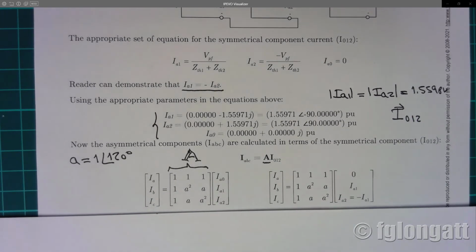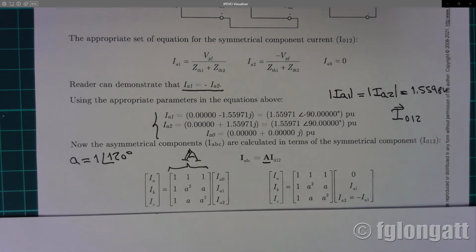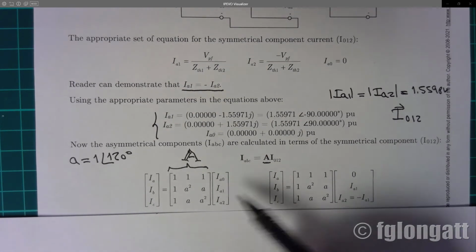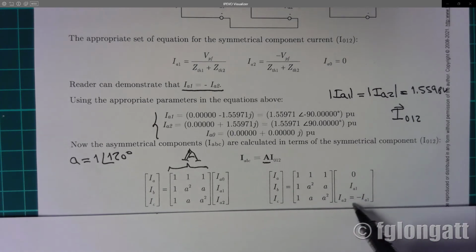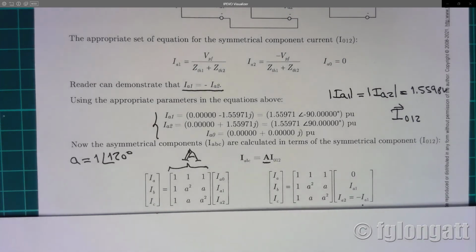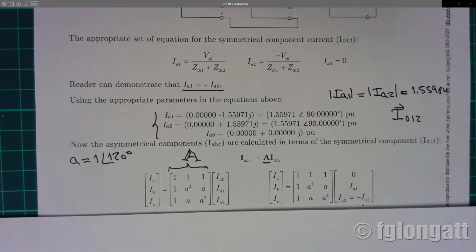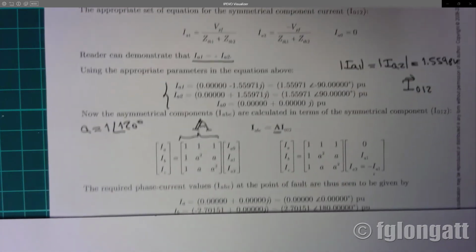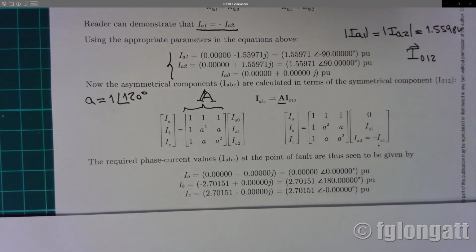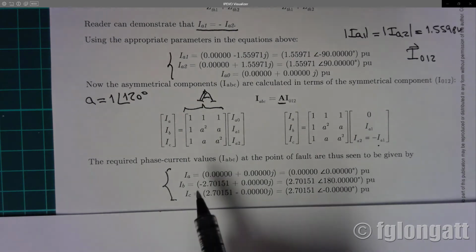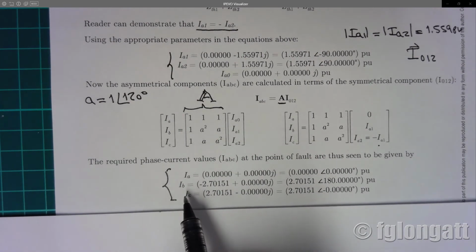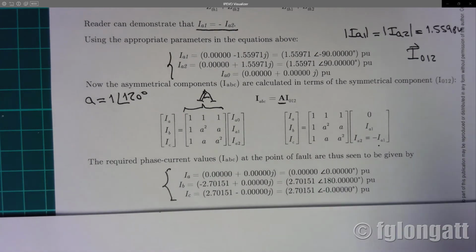That is a complex number in polar form, okay? Now, what we need to remember is that the zero sequence current is 0, and the negative sequence is minus the positive sequence, something very simple. And then my students use the calculator, and they obtain here current A, current B, and current C.